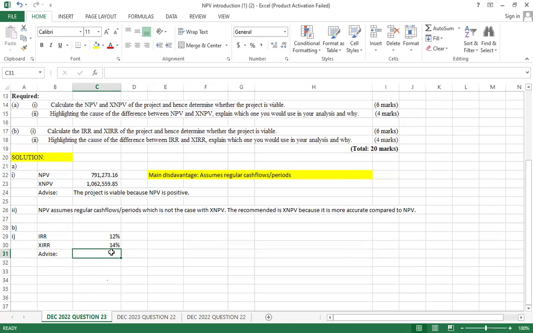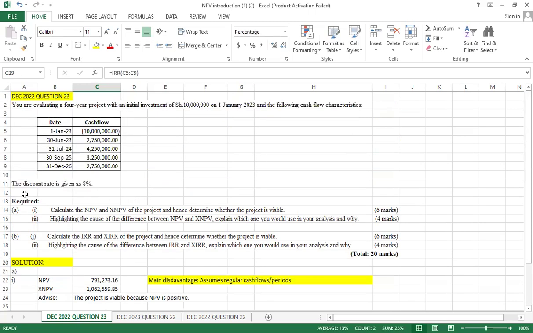Yeah, Chanel, that is okay. That is the reasoning. You compare the internal rate of return with the discount rate, which is 8%.